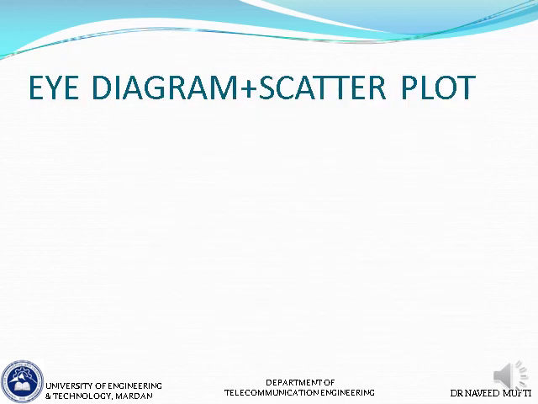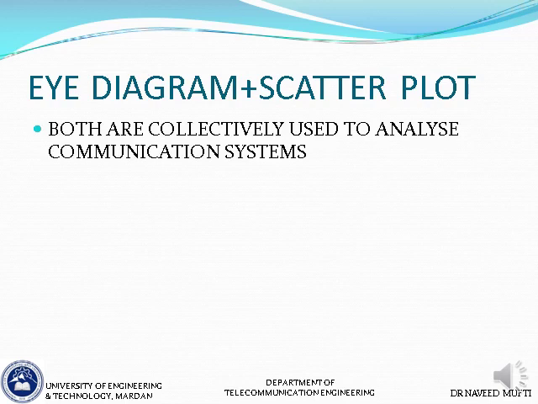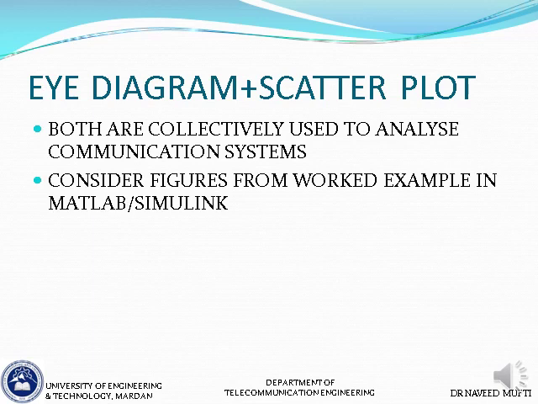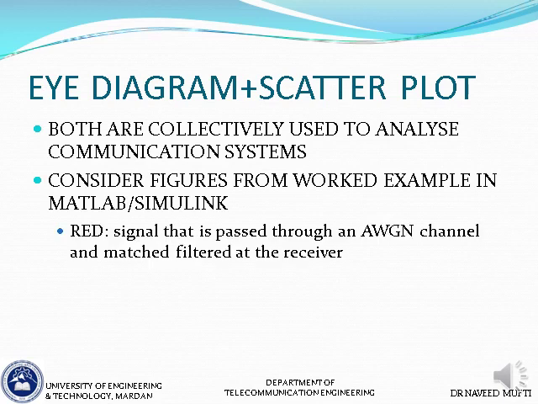The eye diagram and the constellation diagram or the scatter plot are used together to visualize communication systems. They are both collectively used. Here I'll show you some figures from a worked example in MATLAB Simulink, which uses both of these features.